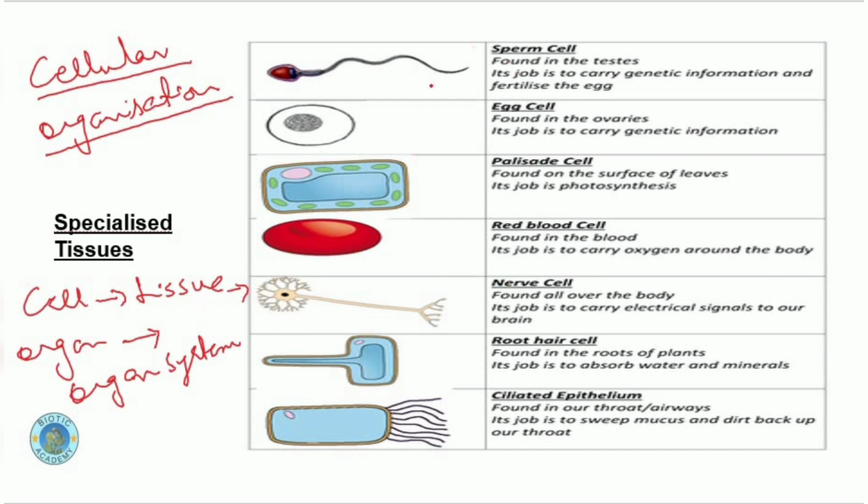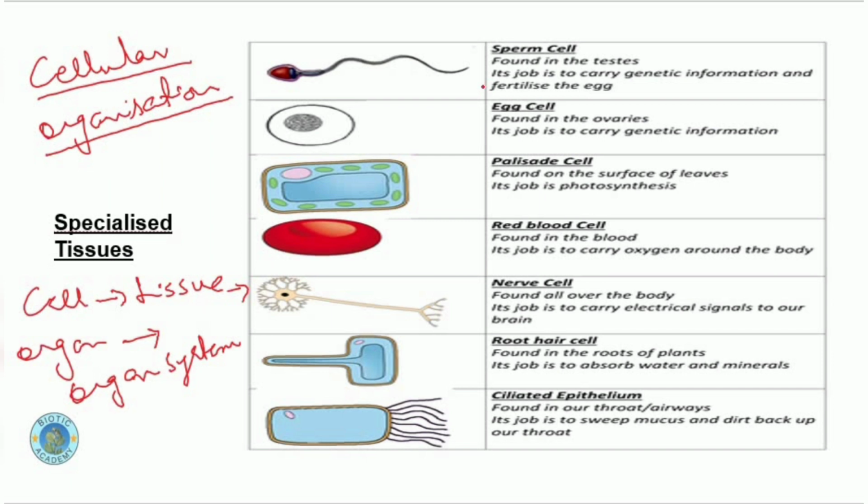First, suppose we start with the sperm cells, which have the responsibility to act as a gamete for the process of reproduction. It fuses with the ovum and produces a zygote, which is going to further develop into the human body.